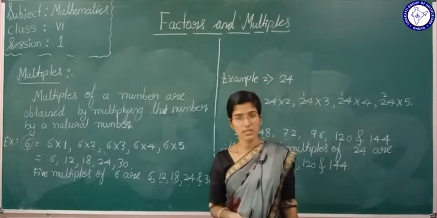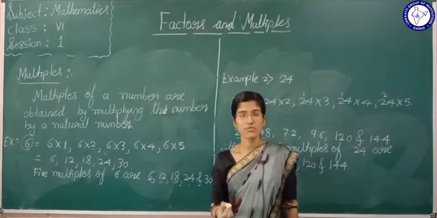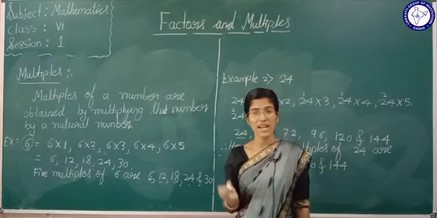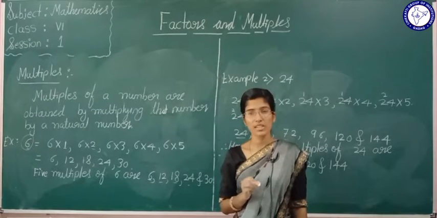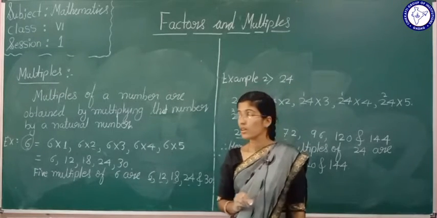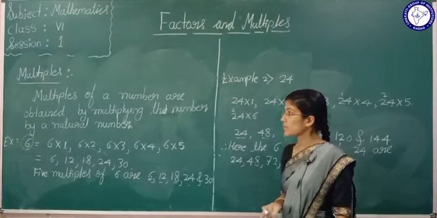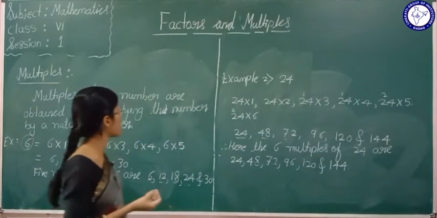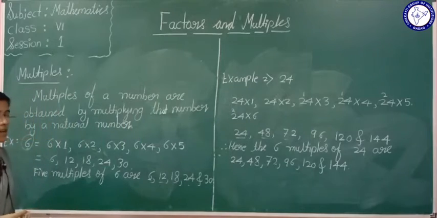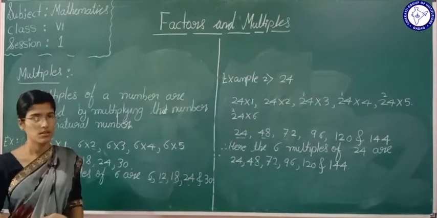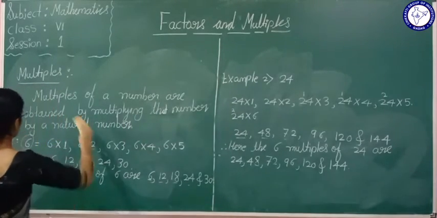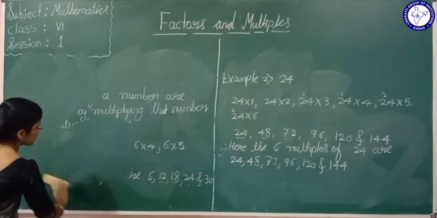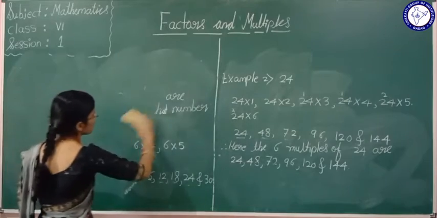What are multiples? Multiples of a number are obtained by multiplying that number by a natural number. From multiples and from factors, we are going to note some points.